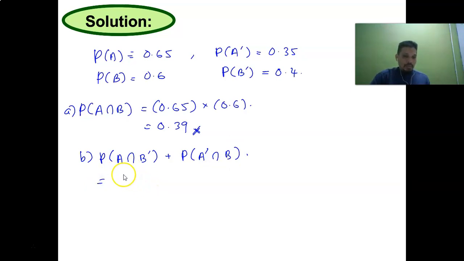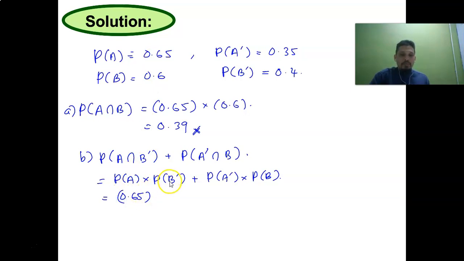Okay, so this one here now, the probability of A multiplied with probability of B complement, plus probability of A complement times probability of B. Okay, so this here now, probability of Aziz gets correct 0.65, probability of B gets incorrect, B complement, 0.4, plus probability of Aziz gets incorrect is 0.35 times probability of Bong gets correct, which is 0.6.